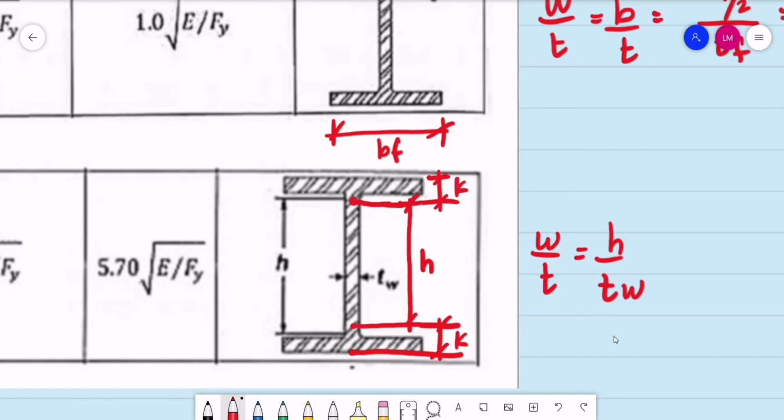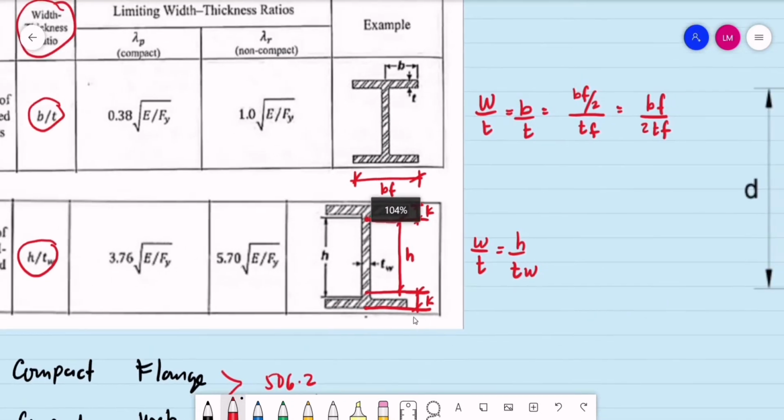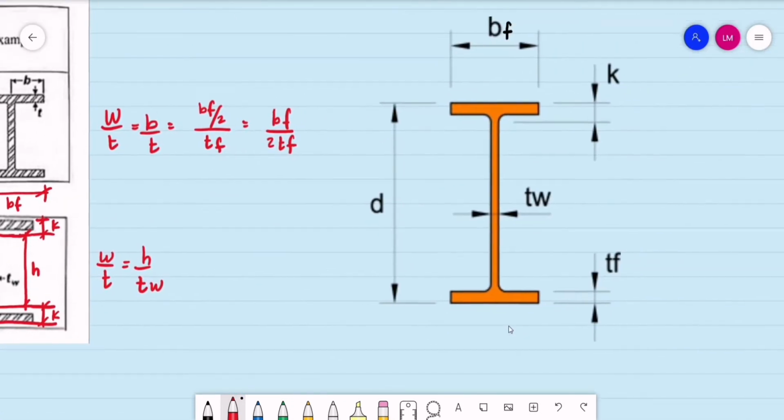So how do we compute for the value of h? We have one figure here. This is the value of k, and this is the starting point on how we measure the dimension h.